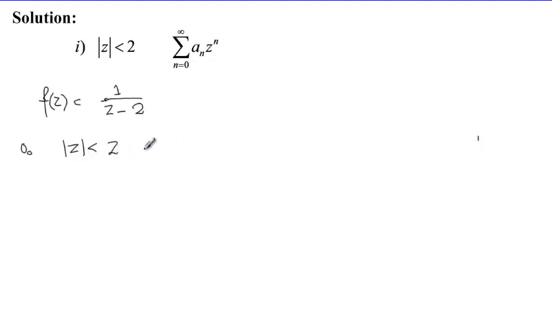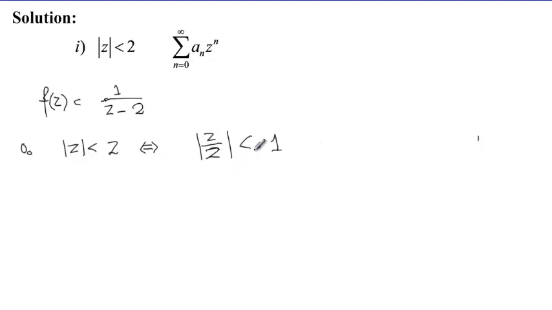First of all, we must understand that this is equivalent to the absolute value of z over 2 is less than 1.